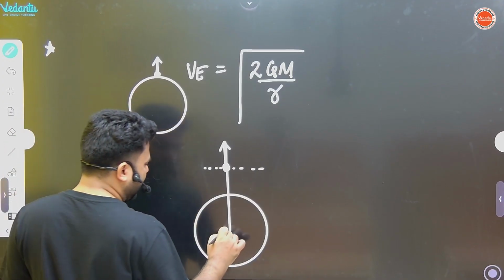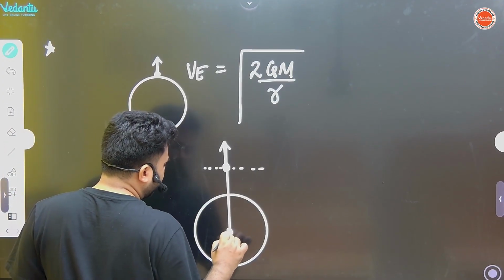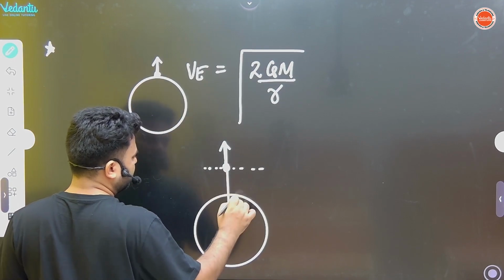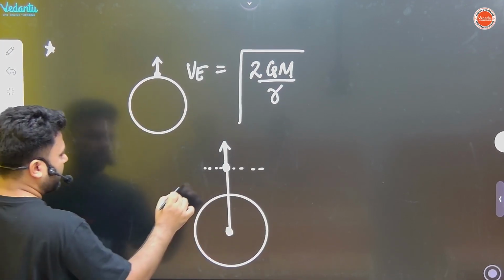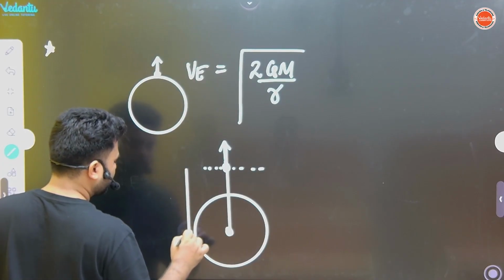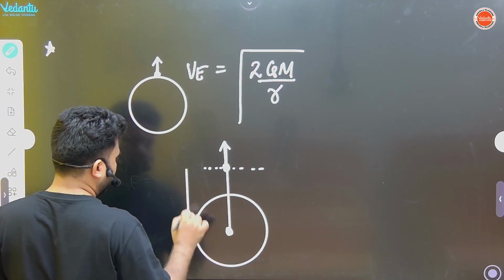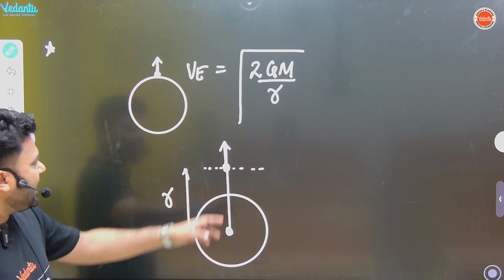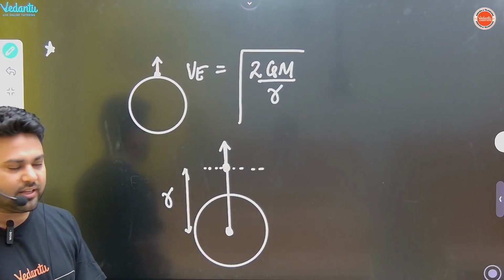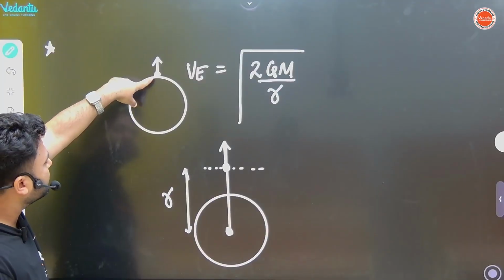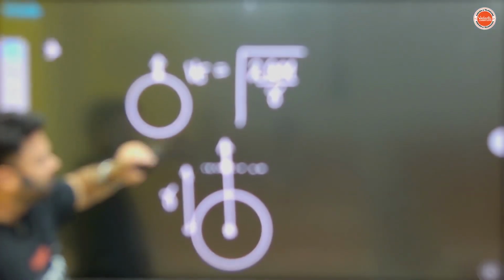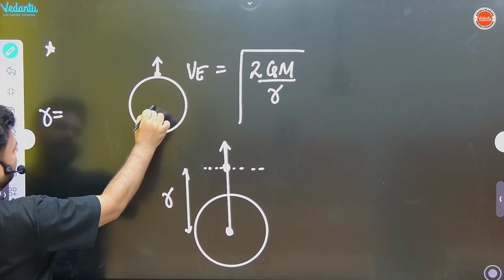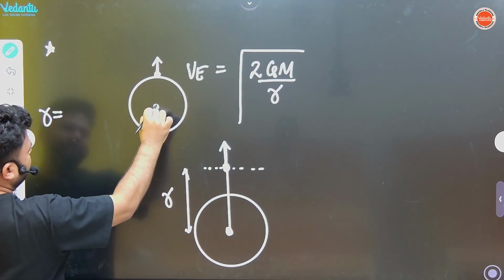So r we always calculate from the center of Earth. From the center of Earth, how much distance? This distance is r. Achha, if we are throwing the object from the surface of Earth, then what will be our small r? See, all distances we always calculate from the center of Earth.